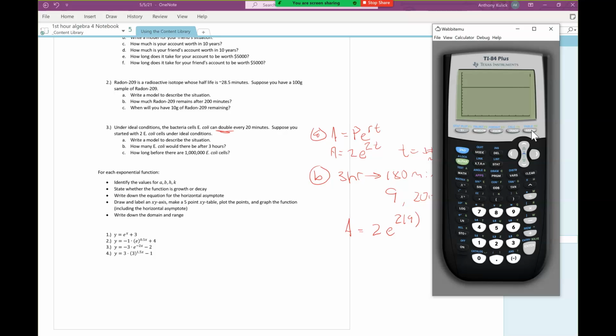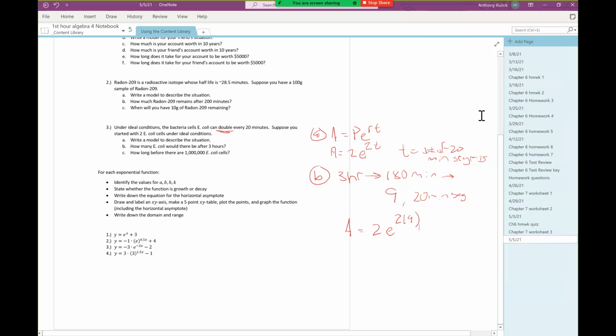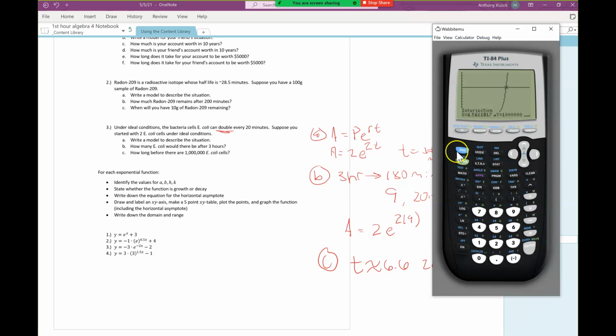Let's take a look at a graph. Here's my 1 million. There's my growth curve. So this is the place that I'm looking for. Second trace, intersect command, enter, enter, enter. So about 6.6 of those 20-minute segments.